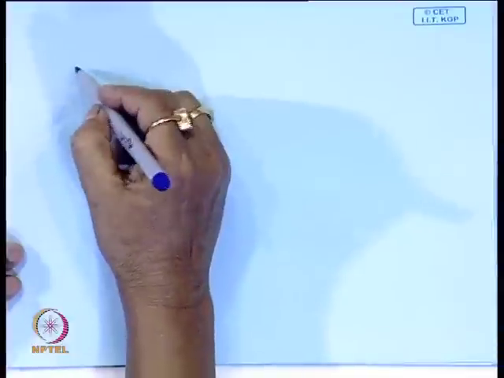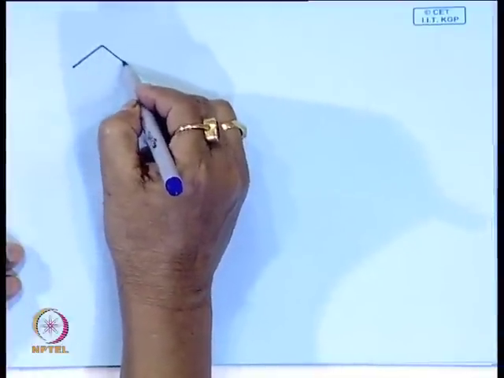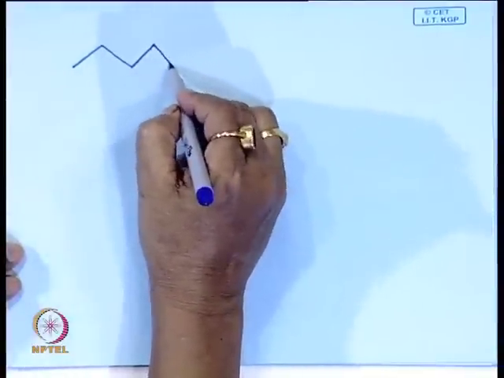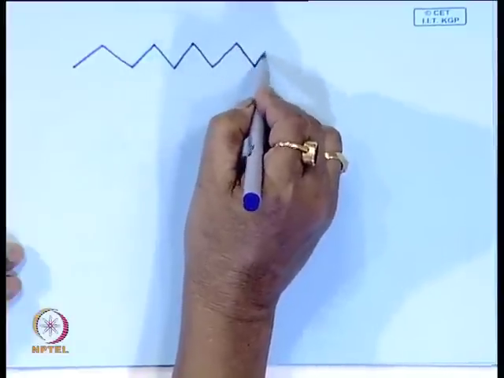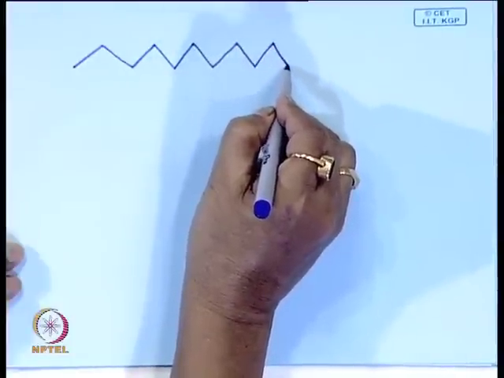You can calculate the length of a polyethylene molecule. I am giving you some input. You take the bond distance between carbon and carbon, it is 1.54 angstrom, and a bond angle. A fully extended polyethylene molecule looks like this.